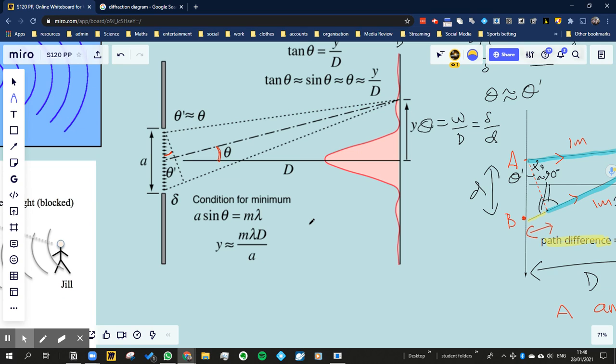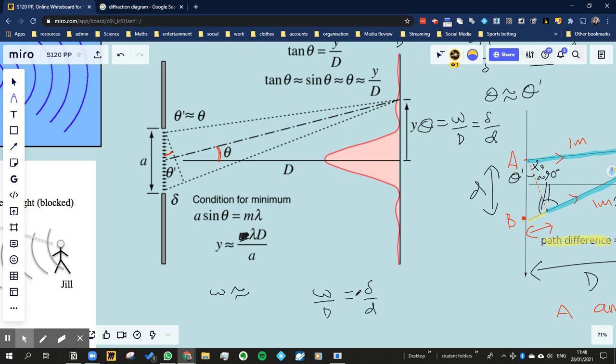Now, again, they're using different symbols here. So we use W, so W is roughly equal to. Forget about the m right now. We're talking about the first fringe. So we just rearranged it here. Let's have a look at our symbol over here. We've got W over capital D is roughly equal to that.